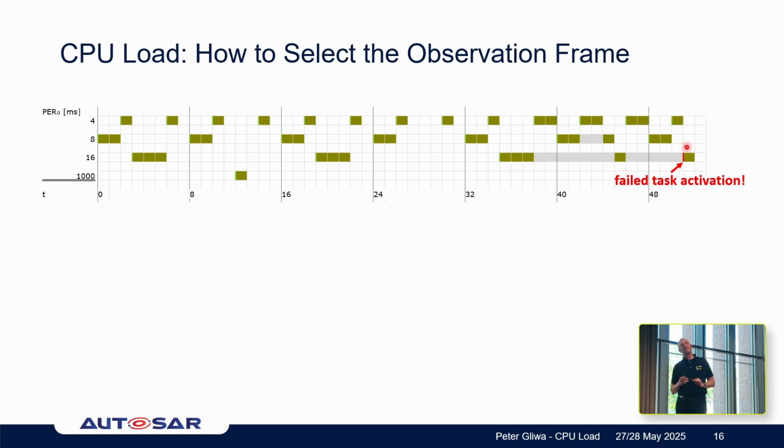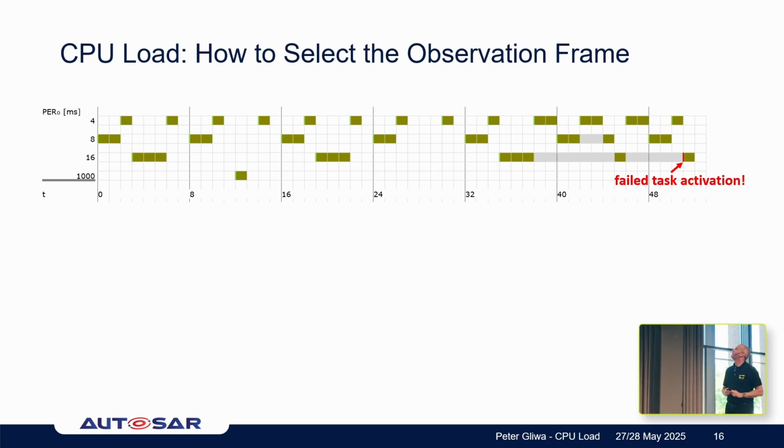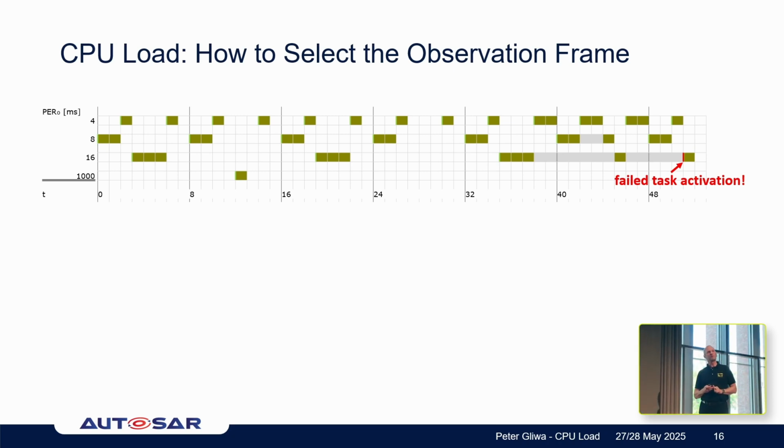Now, side comment, what some projects then do as a workaround is that they say, oh yeah, we can accept that sometimes, so let's play around with the multiple task activations and increase that number a little bit and buffer the activation somehow and then later catch up. Don't do that.